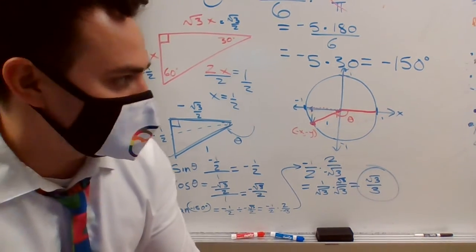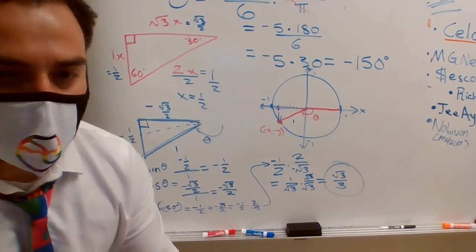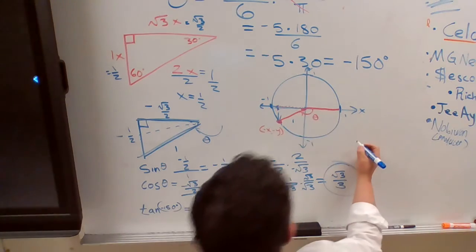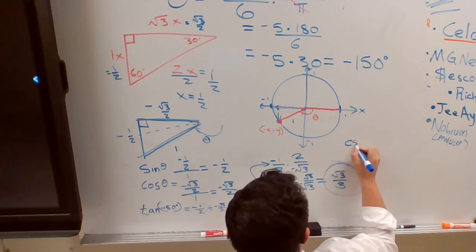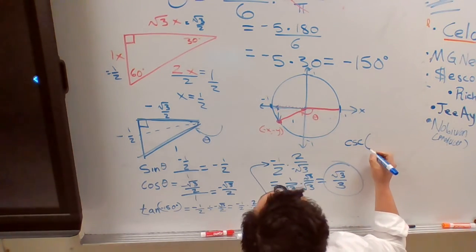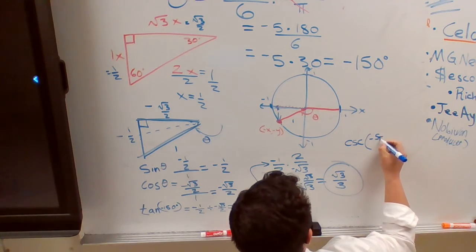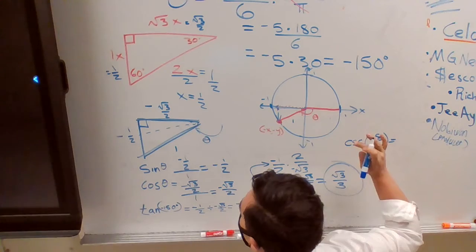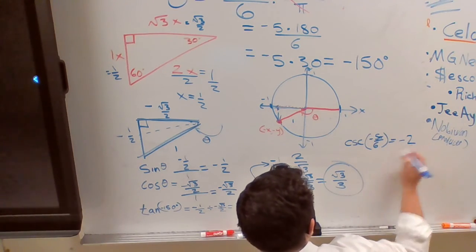That was a quick oversimplification, but this way you guys can slow me down, pause me when you need to. Let me just write it out over here. Some people like to see it written out. Cosecant of negative 5 pi over 6 is going to be 1 over sine, so negative 2.